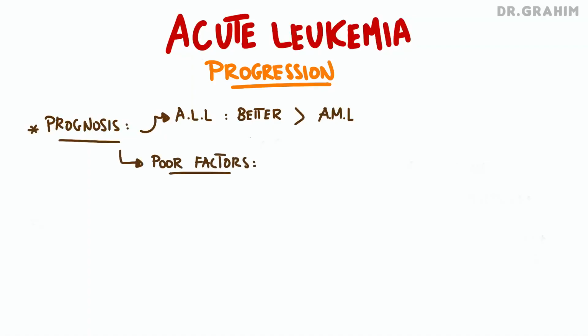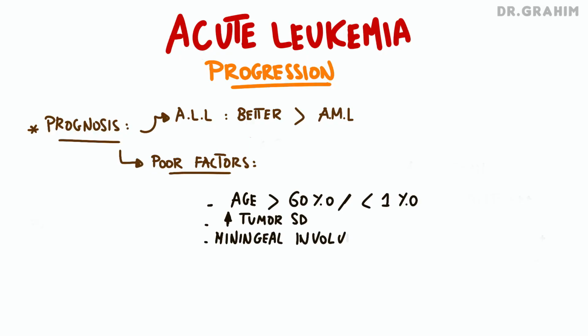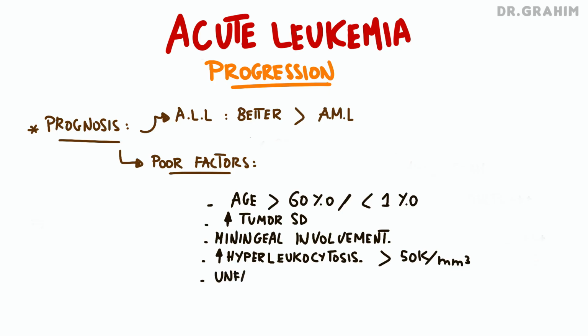There are also several poor prognostic factors that have been identified, and their presence may make the treatment more difficult or reduce the chances of recovery. These factors may include age over 60 years or under 1 year, likely due to lower tolerance to treatment or a more aggressive form of the disease, the presence of a significant tumor syndrome or meningeal involvement, indicating widespread dissemination of the disease, marked hyperleukocytosis greater than 15,000 at diagnosis, which reflects particularly intense proliferation, and unfavorable cytogenetic abnormalities, meaning genetic changes in leukemic cells, identified through a specialized test, which influence the response to treatment.